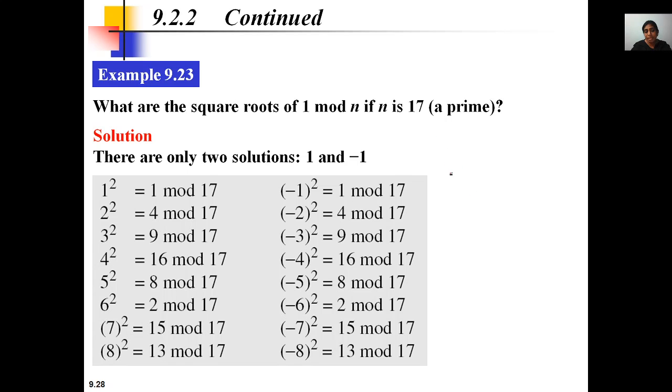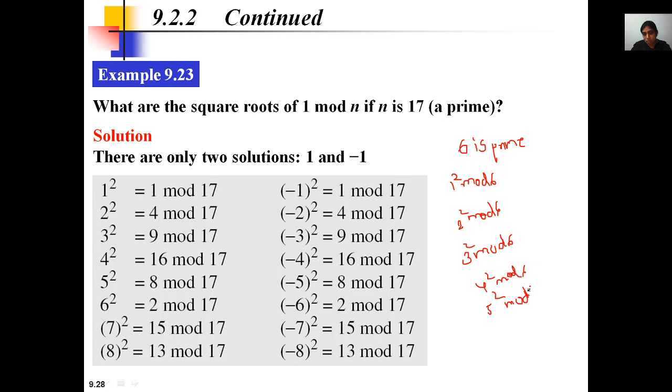But in another example, if you need to find whether 6 is prime or not, we are going to find 1 square mod 6, 2 square mod 6, 3 square mod 6, 4 square mod 6, 5 square mod 6.